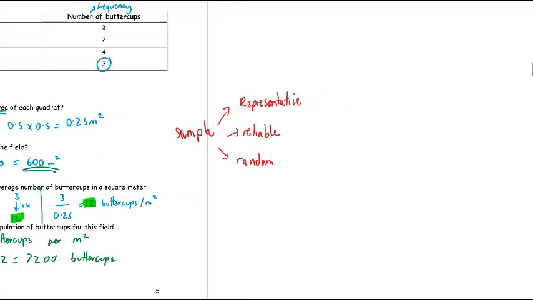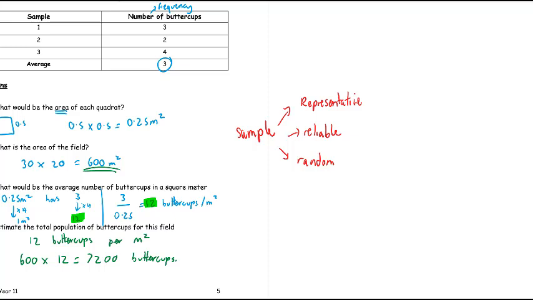Now, representative would mean that they could count as many samples as possible. Was it representative? Probably not, because there's only 3 samples, which probably means that it's not a very good indicator of that field. Was it reliable? So, not really.